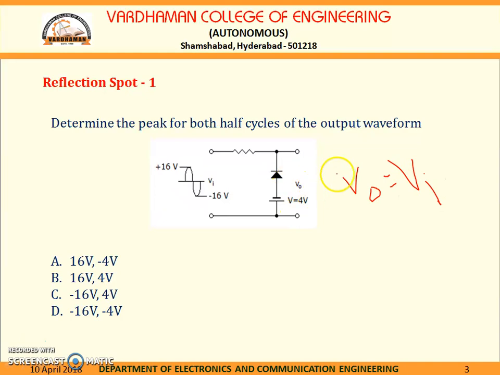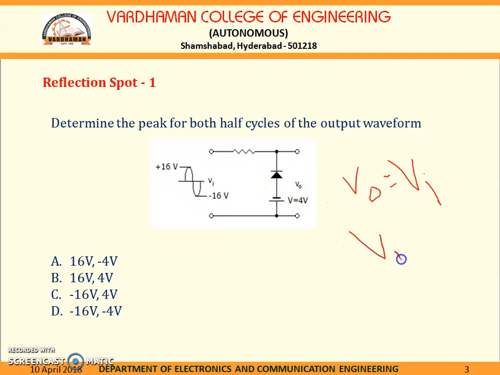Now, if I apply the reverse bias, minus 1, minus 2, minus 3, minus 4, and so on. Until it is less than minus 4, the diode acts as an open circuit. If I apply more than that, minus 5, minus 6 and so on, V naught is equal to minus 4 volts. That is fixed.